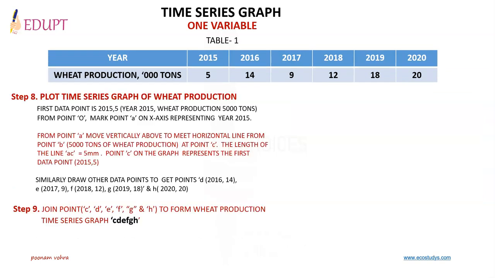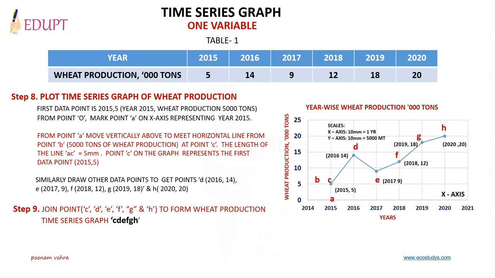Then next, plot the time series graph of wheat production, and one finds point C as the first point representing 5,000 tons of wheat production in 2015. Next, coordinating the year with the wheat production, that is point D, showing 14,000 tons. Then is point E representing 9,000 tons.